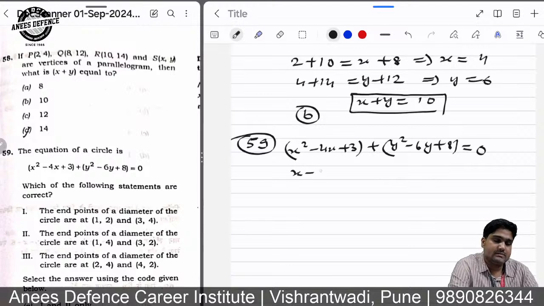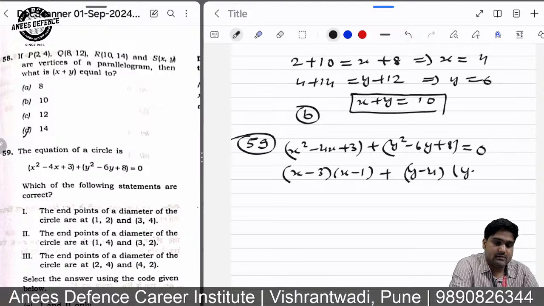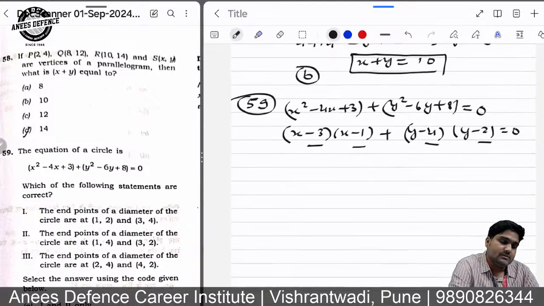The factors of the first quadratic are (x − 3) and (x − 1), and the factors of 8 are 4 and 2, so we can write (y − 4)(y − 2) = 0. So x1, x2 will be 3 and 1, and y1 and y2 are 4 and 2.